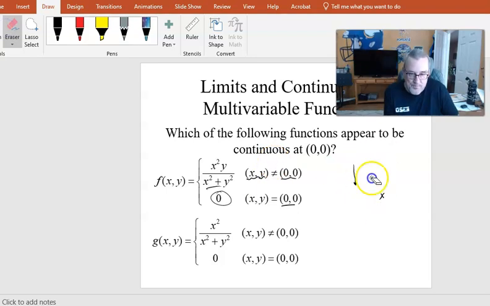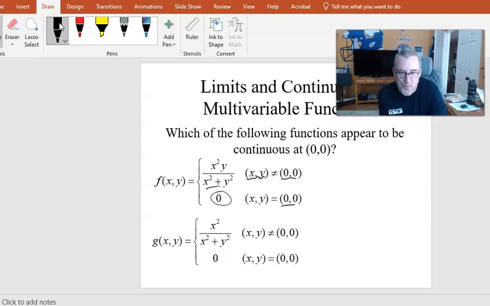So here's how we represent this. We now have to say the limit as not just x approaches, but as the ordered pair (x, y) approaches, in this case (0, 0), and not just f of x, but f of (x, y).